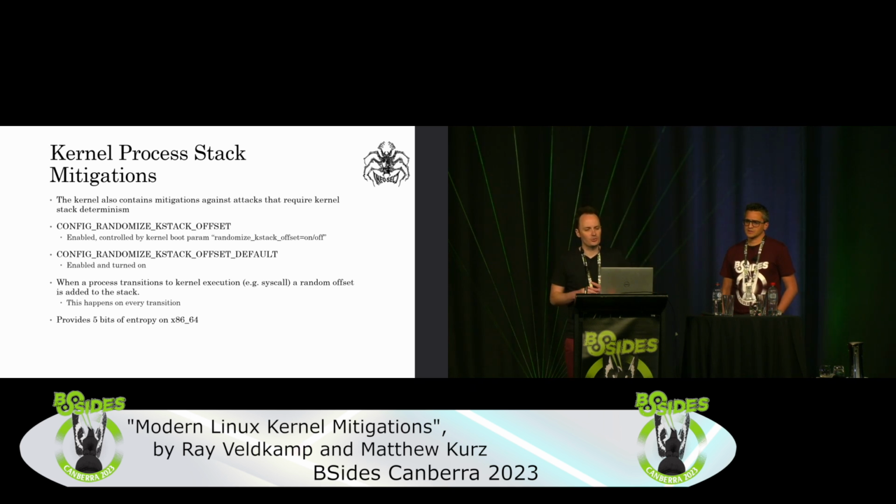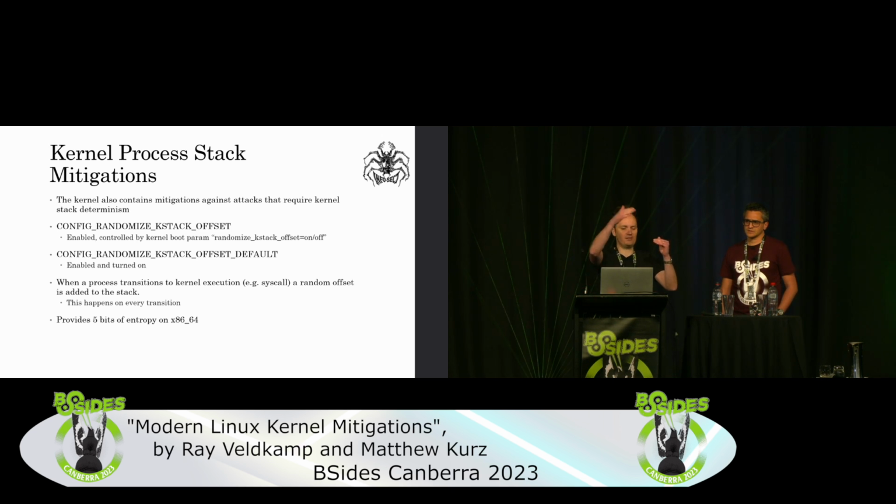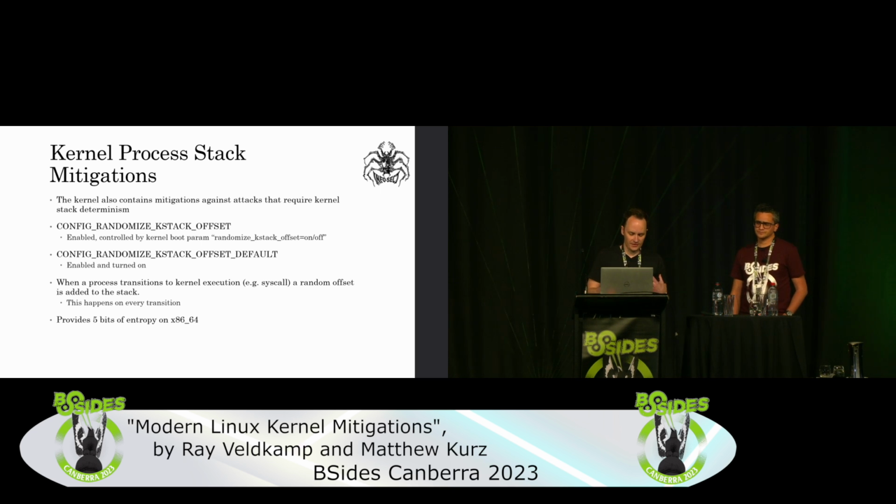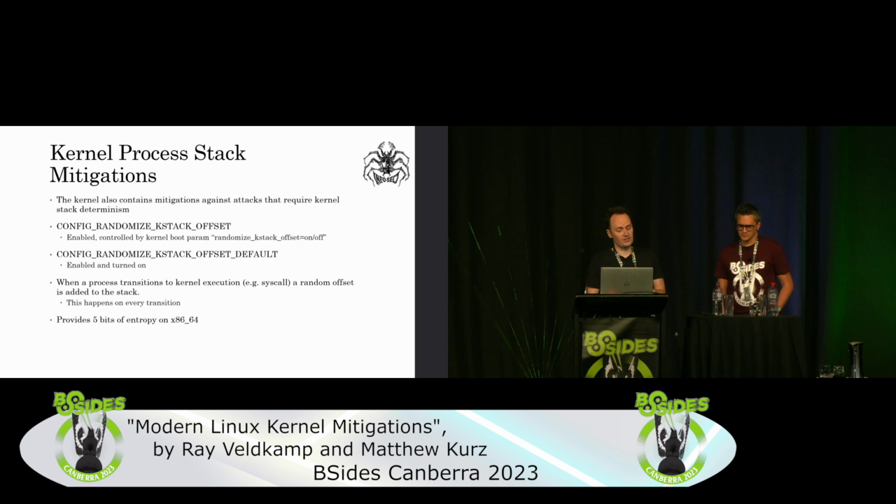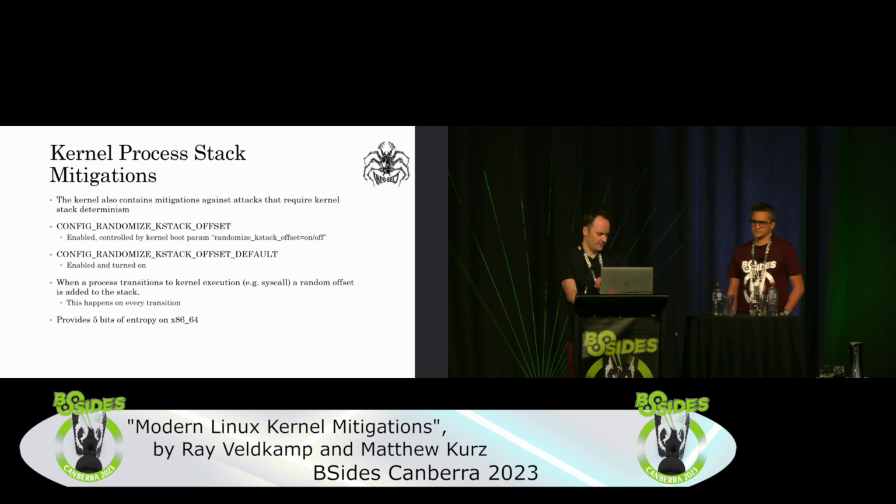This mitigation aims to defeat attacks that require kernel stack determinism. So attacks that require a particular buffer to be this far from a particular buffer. And how it works is when the process transitions to kernel execution via the syscall, a random offset is added to that kernel process stack. And that offset changes each transition. And this adds about 5 bits of entropy on x86-64.